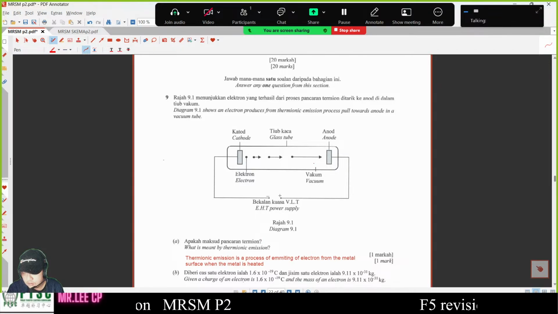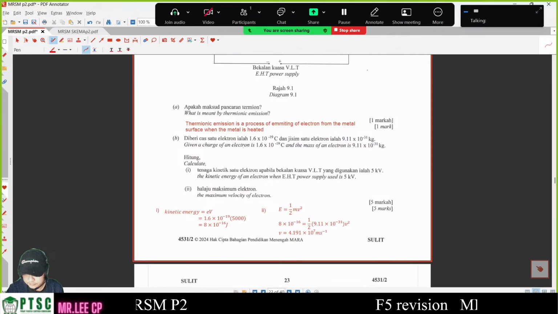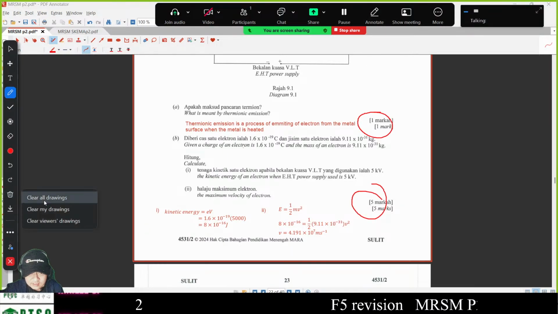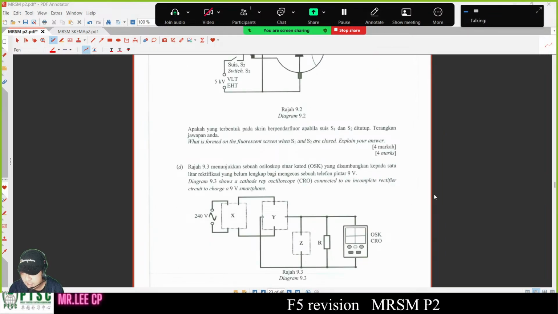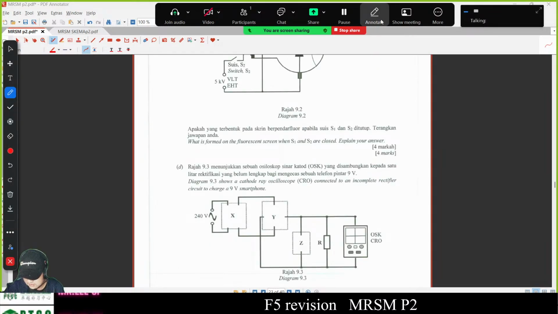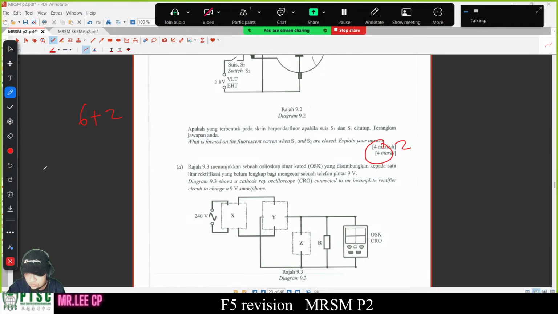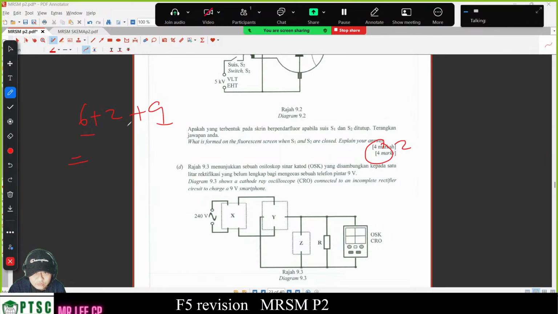So now this one, number 9. So how many marks can I get? Here 5 plus 1, 6, and then here 4 marks. 6 plus 2. Here I only can get 2, right? And then AC at plus 9. So 15, 16, 17.